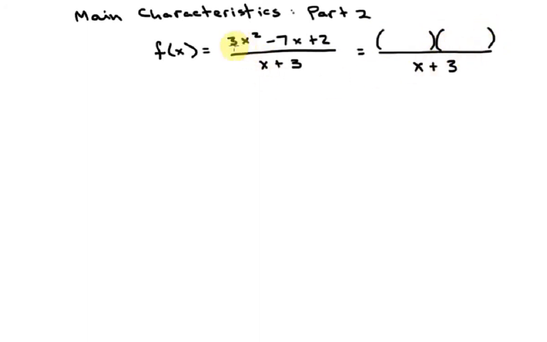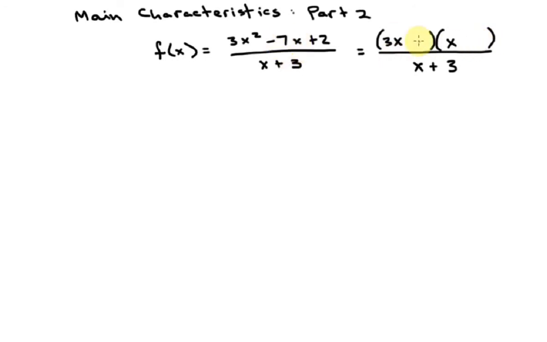So if it does factor, it would have to have a 3x and an x. This one has small enough numbers, I think I can just jump right in, and I don't need any fancy magic numbers. So I've got to get a positive 2, so it's either going to be 2 and 1, or it's going to be 1 and 2.